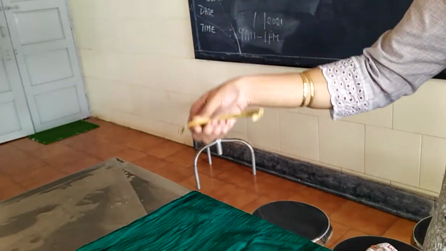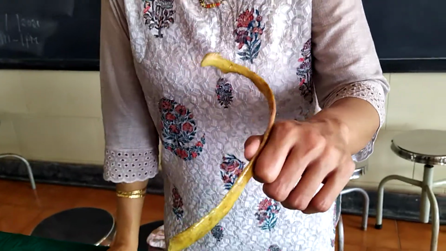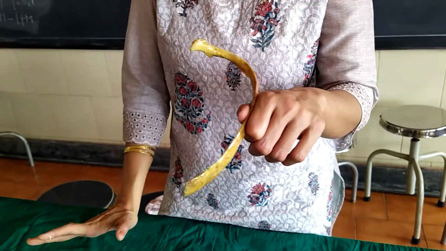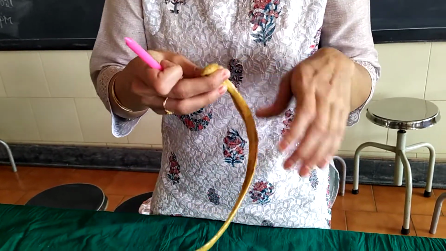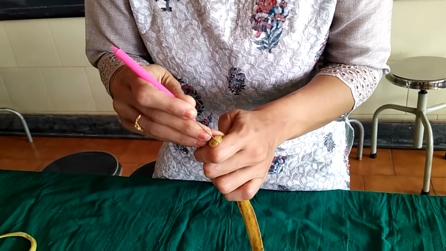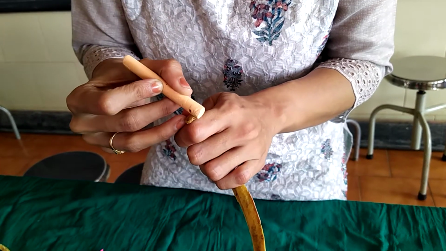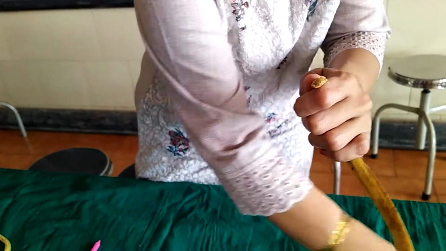Okay. Next, moving on to the next atypical rib, that is the 10th rib. The features are the same as those of the typical rib except for the head. The head has a single facet. Otherwise, in the typical rib, there were two facets. You can see I am marking this with the orange chalk there.